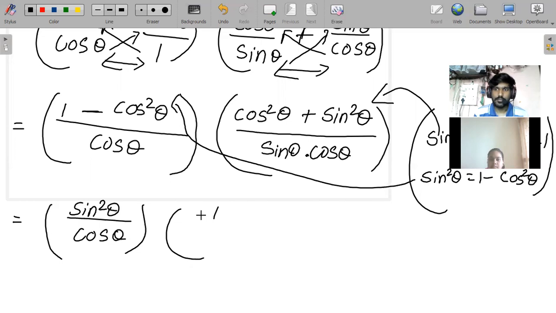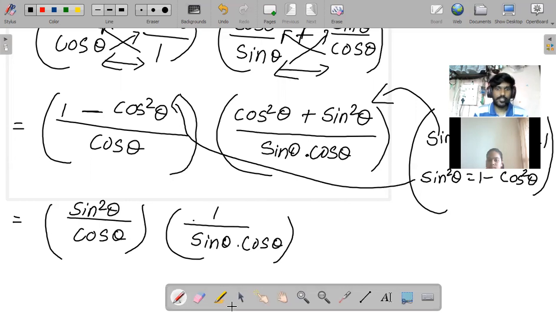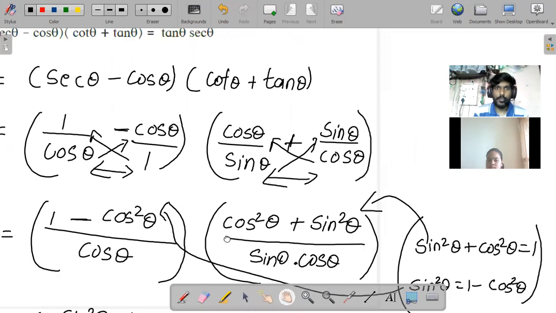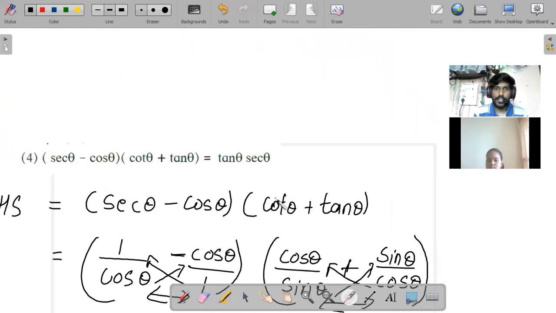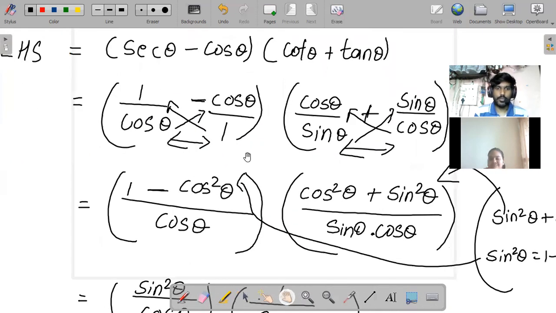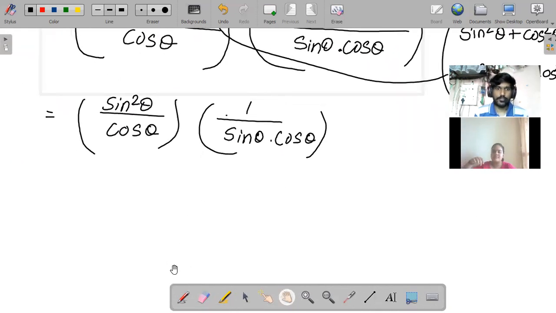So this becomes 1 upon sine theta into cos theta. Also, in the solving process, don't forget what you have to prove. You need to get tan theta into sec theta. Up to here, well and good.